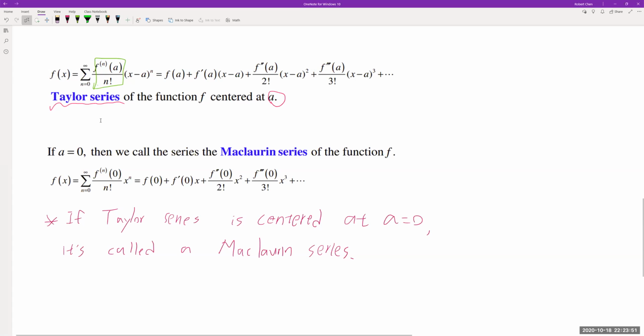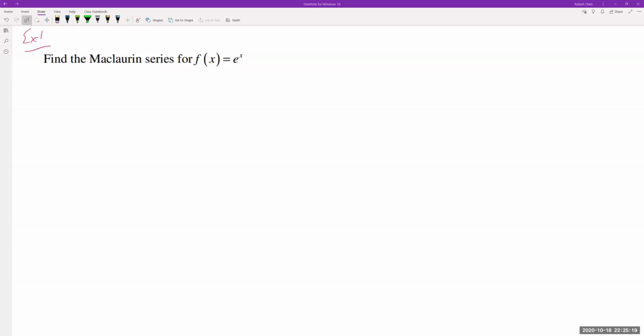And then we can find the Taylor series and Maclaurin series for different types of functions. All right, so our first example, we want to find the Maclaurin series for the function e to the x. So Maclaurin series means we want the Taylor series to be centered at 0. Let's write out what our series will look like.